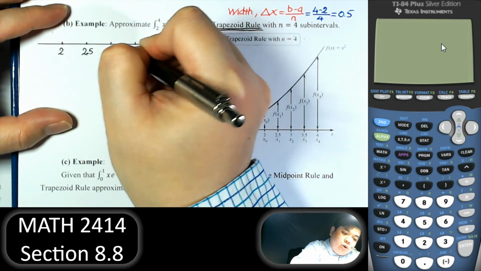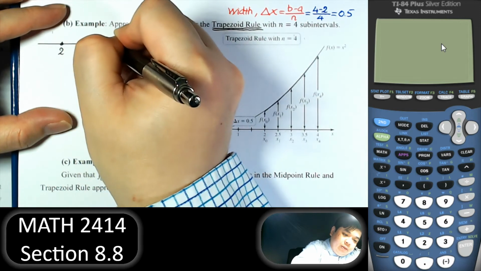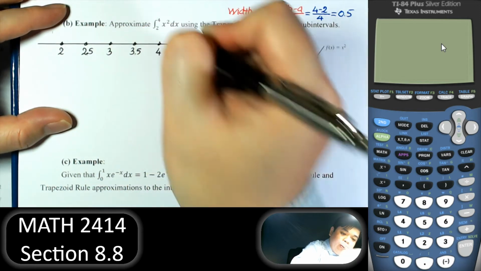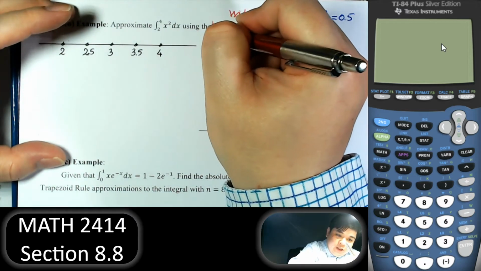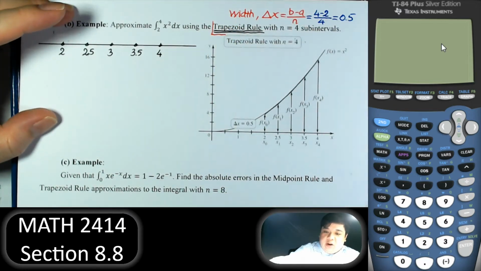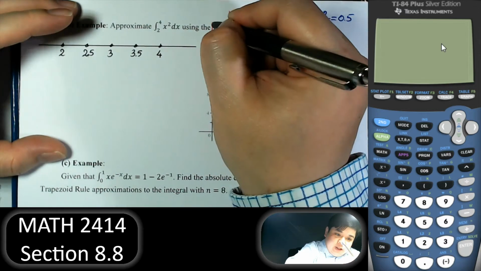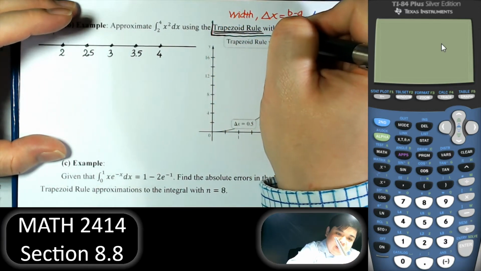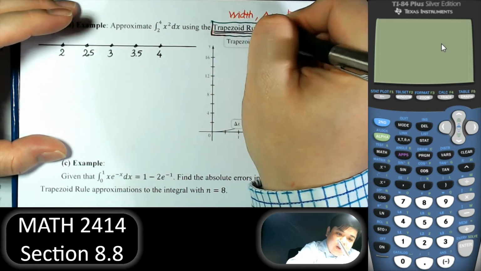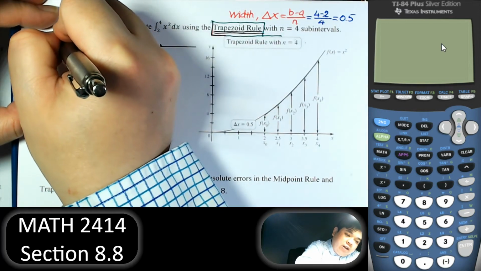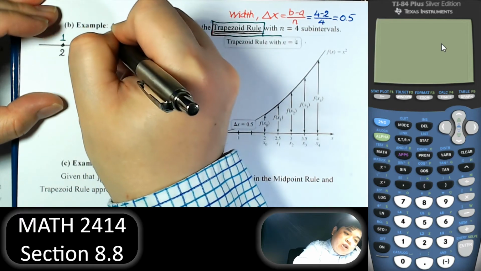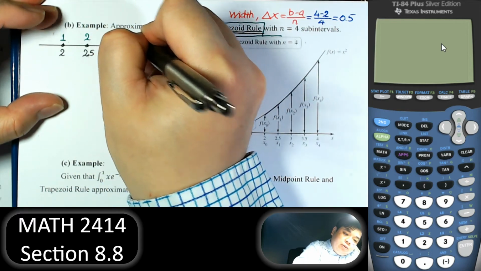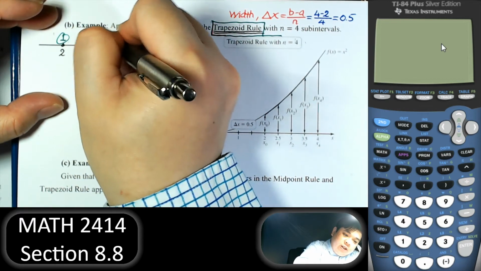So those are the points that we use. The coefficient though, in the trapezoid rule, I'll just use different colors here. In the trapezoid rule, the coefficient is 1 on the left, 1 on the right. Everything in the middle, there are 2 of them. Those are the coefficients.